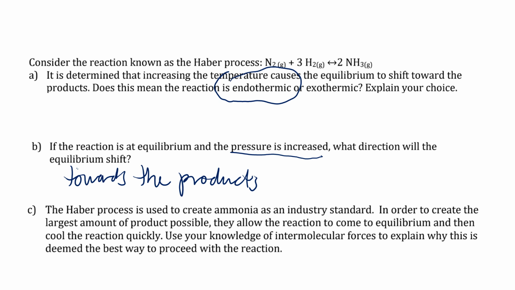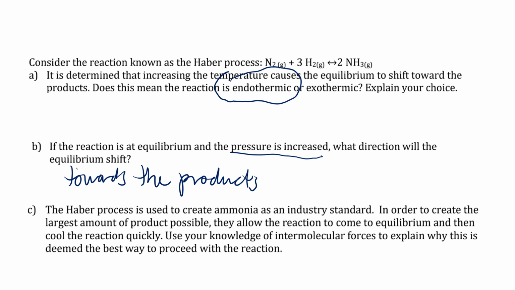Because of the LDFs within H2 and N2, they remain as gases when the temperature is cooled, but NH3 is now a liquid, and in doing so, this eliminates the ammonia from the equilibrium expression, so to speak. By removing it from the reaction, now there's an absence of ammonia. Therefore, the reaction will have to move forward in order to produce more product and to maintain that equilibrium. The process goes all over again since there's no more gaseous ammonia, no more NH3.